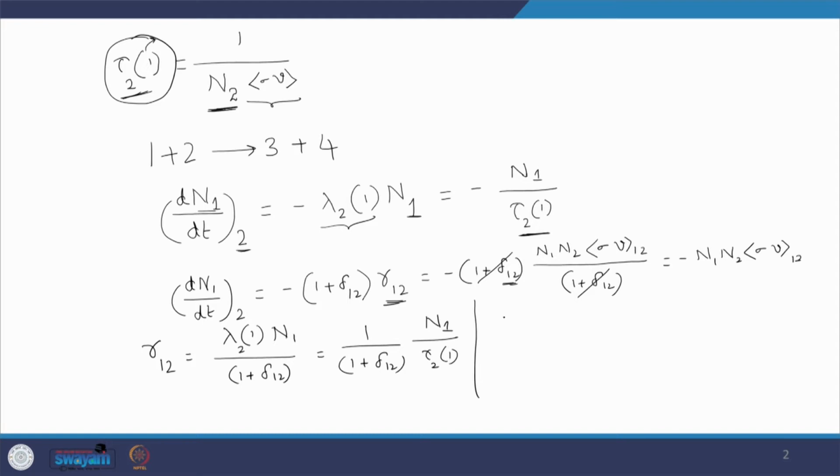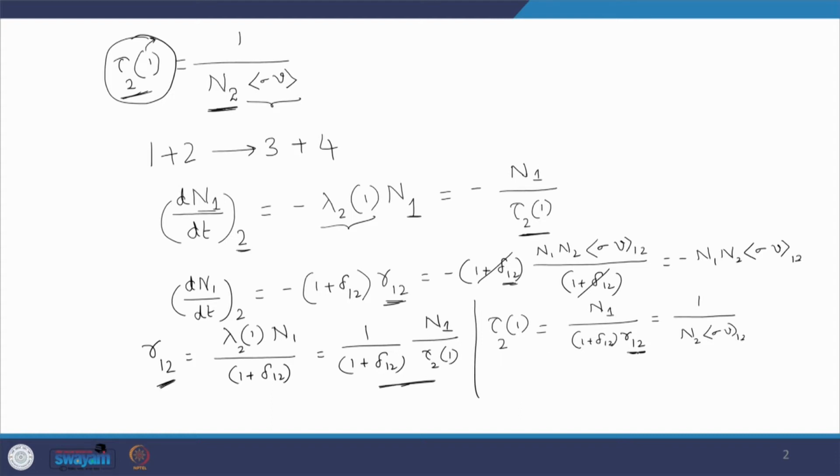Using this total reaction rate expression, I can write down the mean lifetime of nucleus 1 when it interacts with 2 in some useful terms, like following, is equal to N1 divided by 1 plus delta 1 2, total reaction rate when first and second type nuclei are involved, is equal to 1 by N2 sigma V 1 2, because I am substituting R 1 2 in this equation.